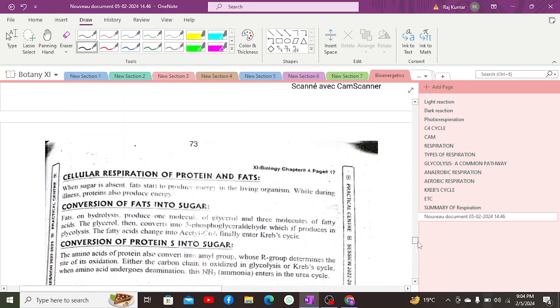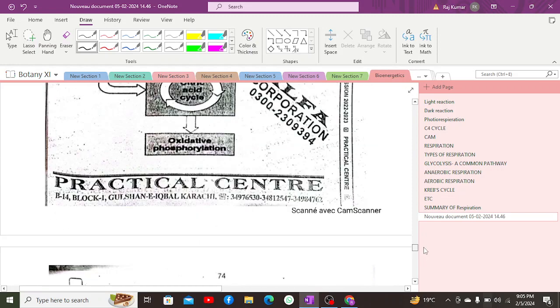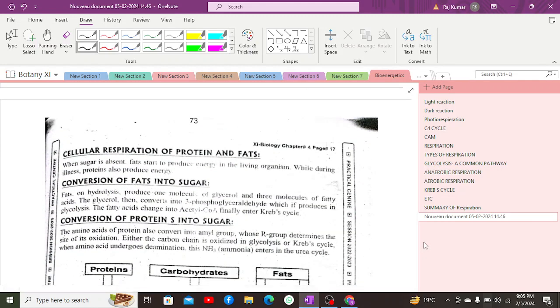And now coming to cellular respiration of proteins and fats. Cellular respiration of proteins is in such a manner that proteins are dissociated into amino acids. Amino acids will have two parts. Let me just try to draw a structure. It has an asymmetrical carbon, a radical group, hydrogen, and on the other side a carboxylic group, hydrogen, and here there is an amine group.